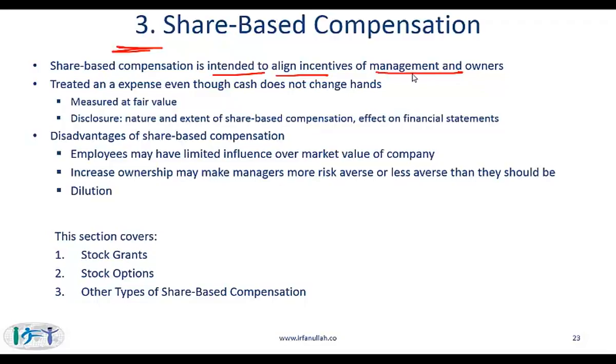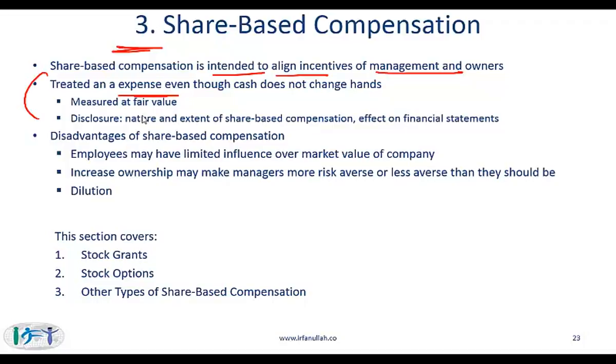To minimize that conflict, one strategy is to say, look, management, you get this share-based compensation. How is this treated? From an accounting perspective, any share-based compensation, be it stock grants or stock options, needs to be treated as an expense, even though when a company issues stock options, there is no explicit cash outflow.